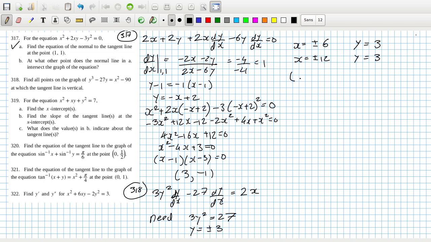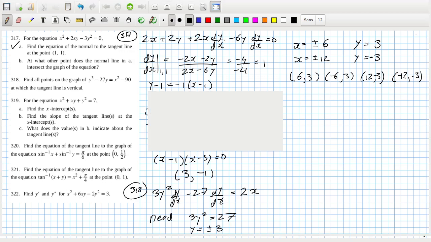So I think it's (6, 3), (minus 6, 3), 12. Sorry, that first one I said. That second one is minus 3. (12, minus 3) and (minus 12, minus 3), possibly 4 points.